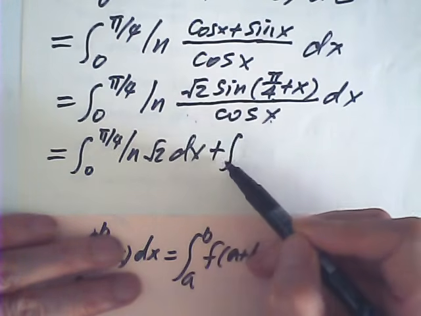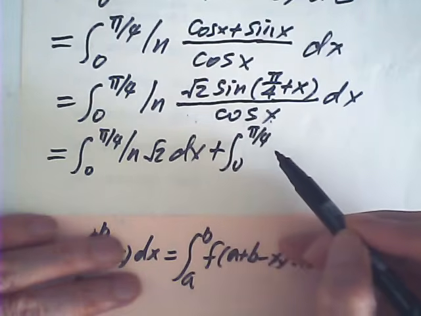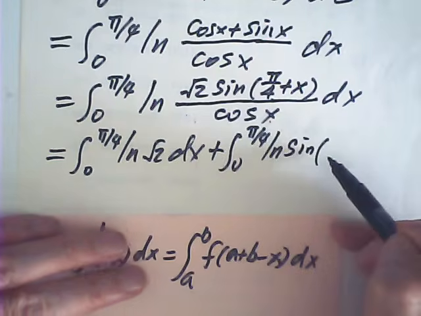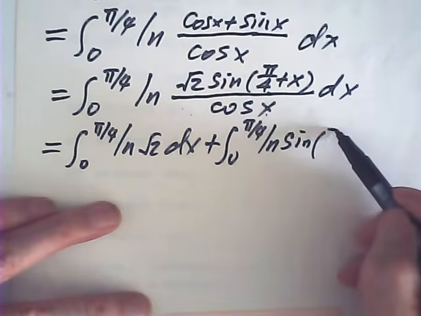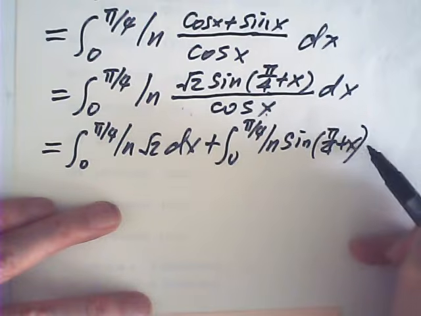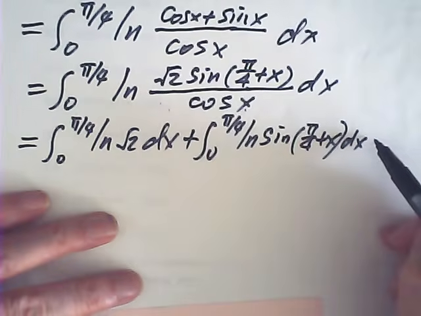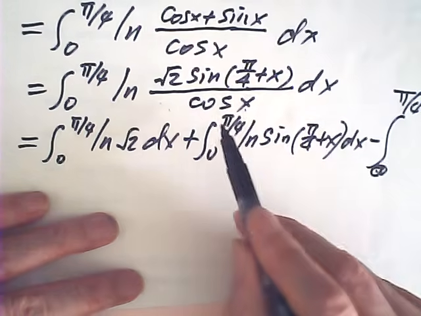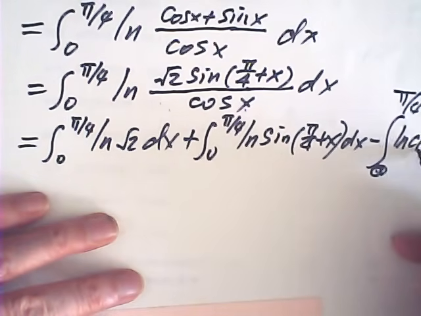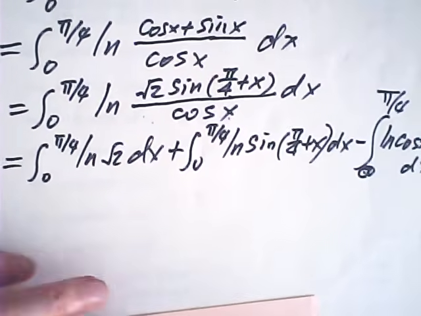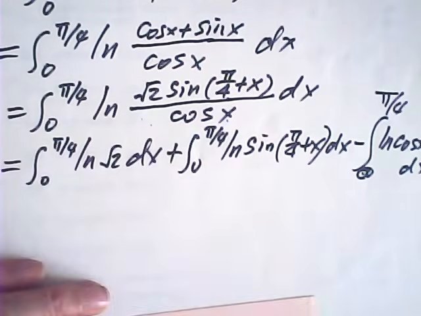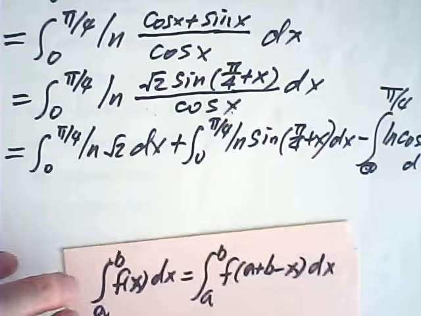The second one is the integral from 0 to quarter pi of log sine of quarter pi plus x dx, minus the integral from 0 to quarter pi of log cosine x dx. Which means log of this one plus log of that, minus log of that. That means three integrals.